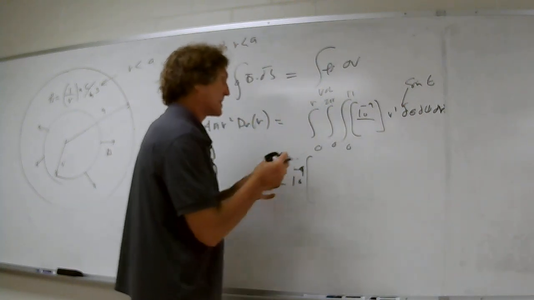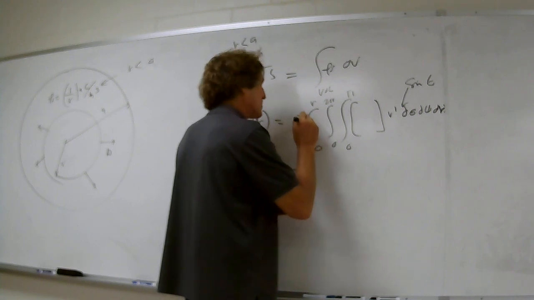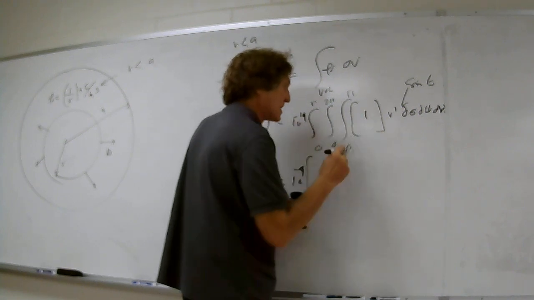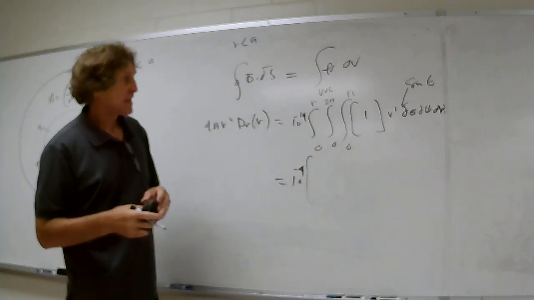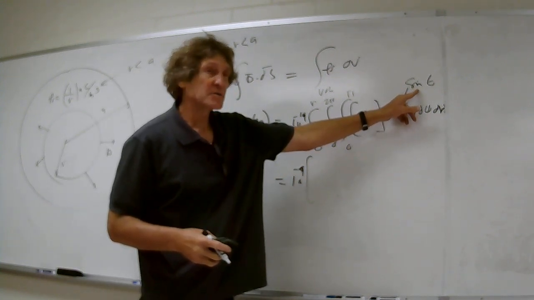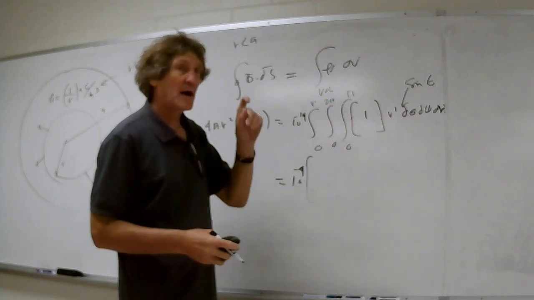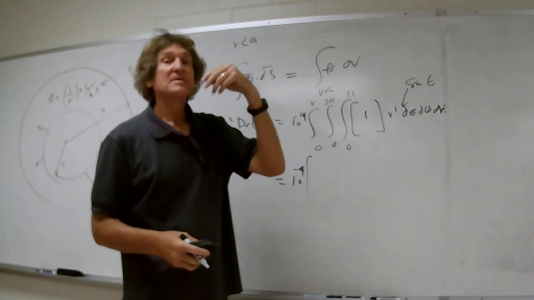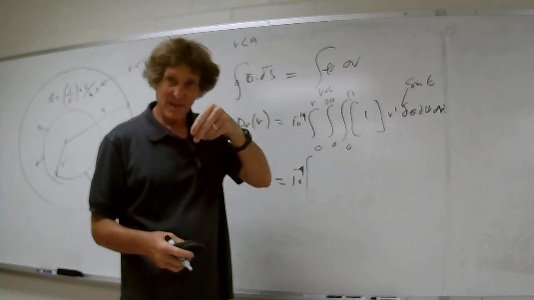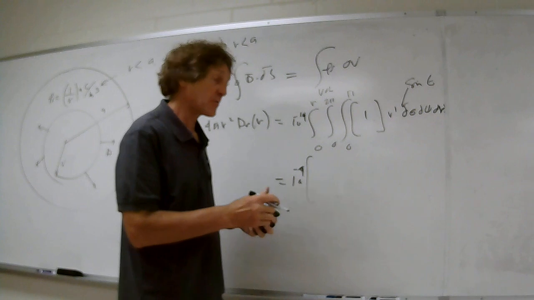So I take the 10 to the minus 9th out in front here too. And there's a sine theta. So when I integrate d theta sine theta, I get minus cosine theta evaluated from 0 to pi, which is going to be minus a minus 1 plus 1, or 2. Do y'all agree with that?